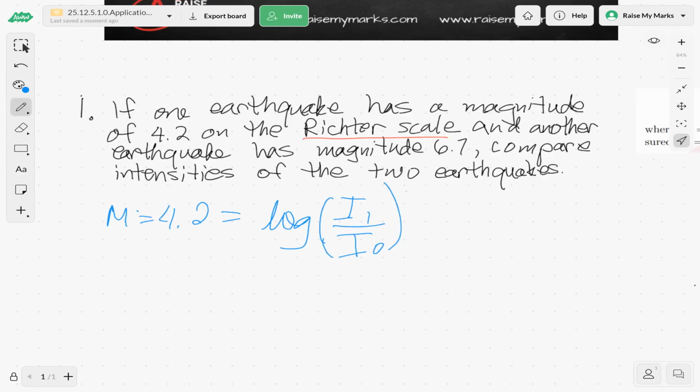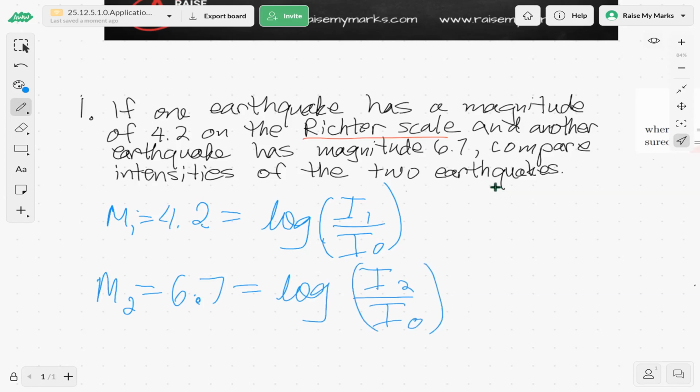So that's earthquake 1. We'll call that M1, or Richter number 1. Our second earthquake has a magnitude, we'll call that magnitude M2, has a magnitude value of 6.7, and has an intensity of I2. And we're going to compare that intensity to our reference earthquake with intensity I0.